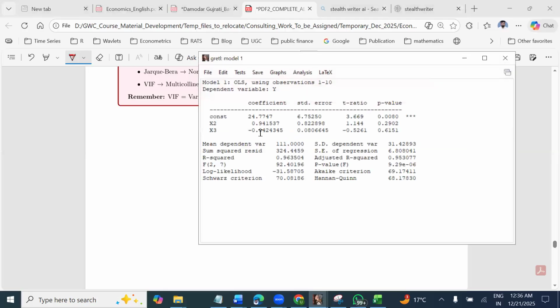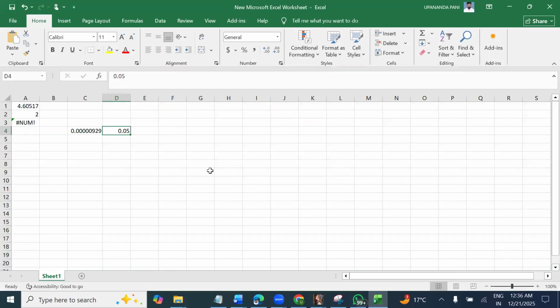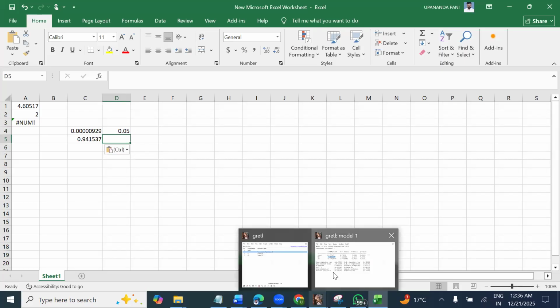One experiment you can do. Suppose let's say we take beta 2 as 0.941537. I will paste it here just to show you. And what is the corresponding standard error?